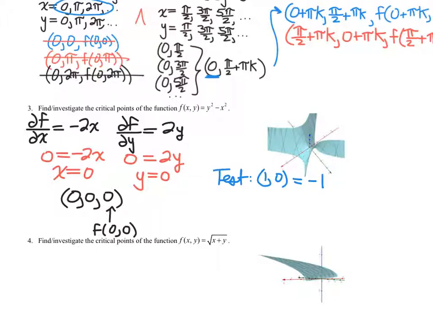And what that tells me is that this point 0, 0, 0 is not the lowest point on the graph. 1, 0 is a point that's close to 0, 0, and it gave me an ordered triple of 1, 0, -1. That's a point that's definitely below 0, 0, 0 on the z-axis. So this is not a min.